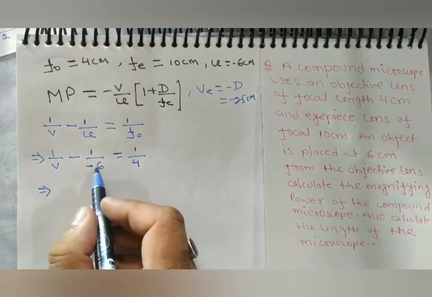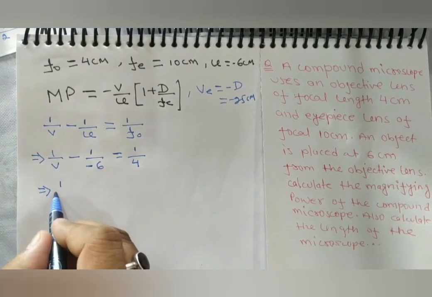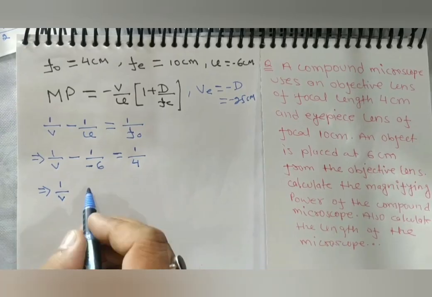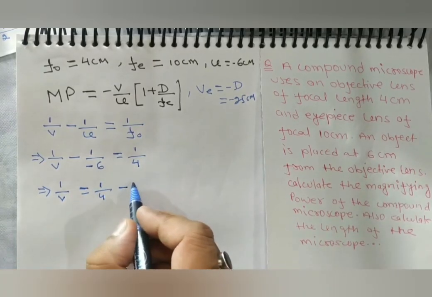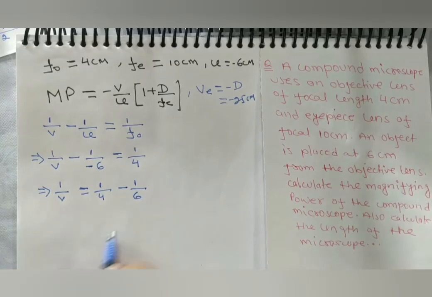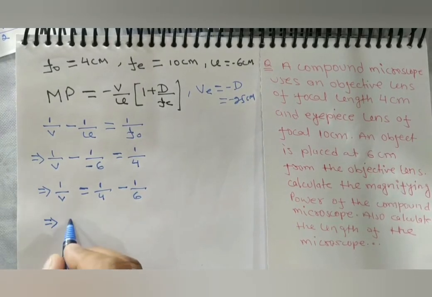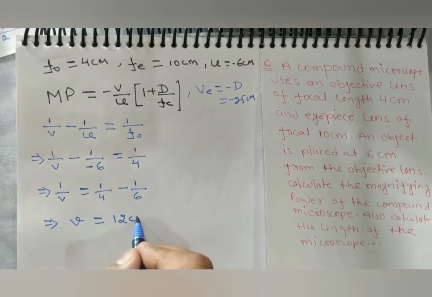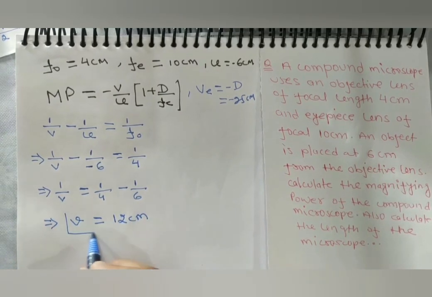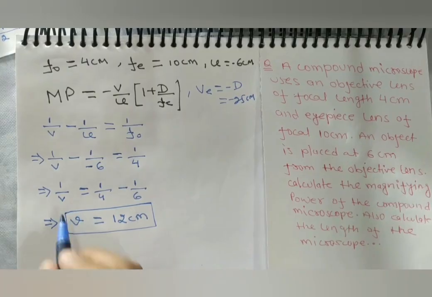Now this minus minus becomes plus. When it goes to the right hand side, it will be 1 upon 4 minus 1 upon 6. On calculating we will get V equal to 12 centimeter.